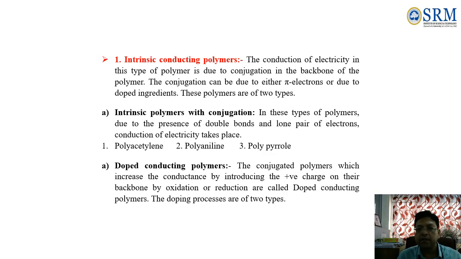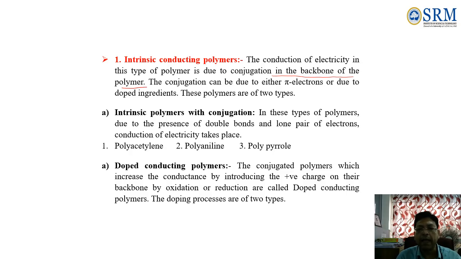So in the previous lecture we talked about the intrinsic conducting polymer and extrinsic conducting polymer. So what is the intrinsic conducting polymer? Where the conductivity is inherent in nature. The conduction of electricity in this type of polymer is due to the conjugation in the backbone of the polymer.